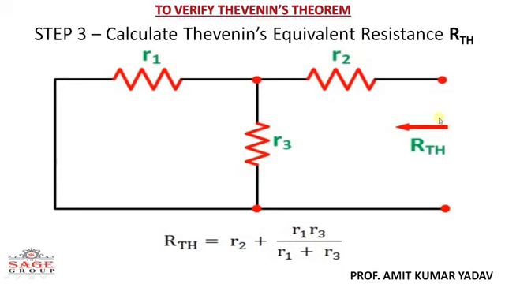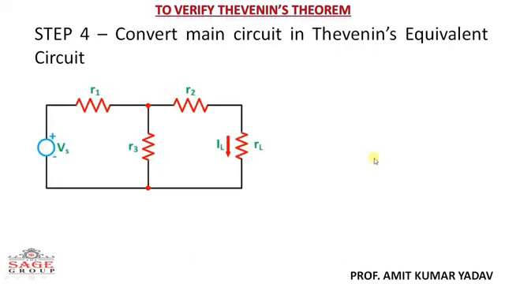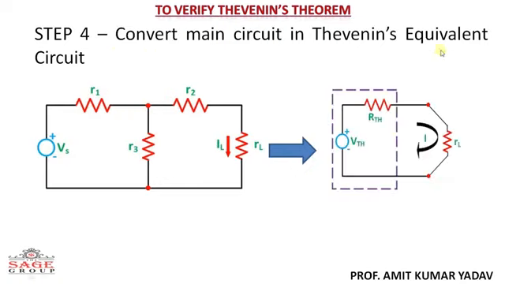So for RTH in this circuit, the formula is this. It can be anything; it depends only on your circuit. Okay, so this is your main circuit. But after using Thevenin theorem, you have just simplified this complicated circuit into a Thevenin equivalent circuit.